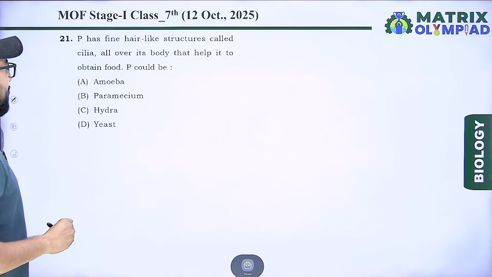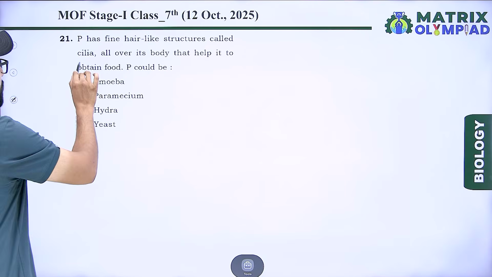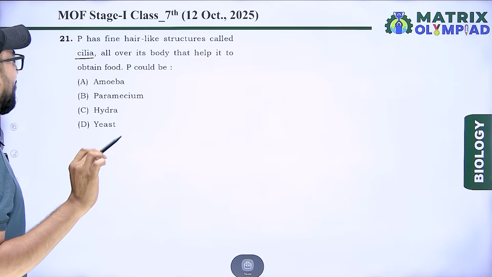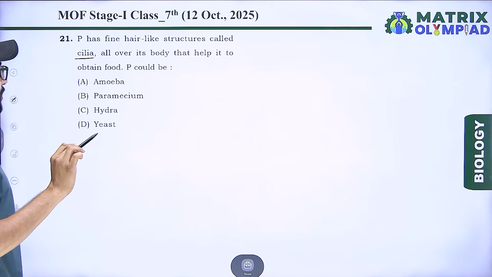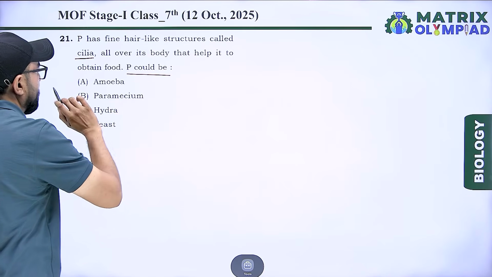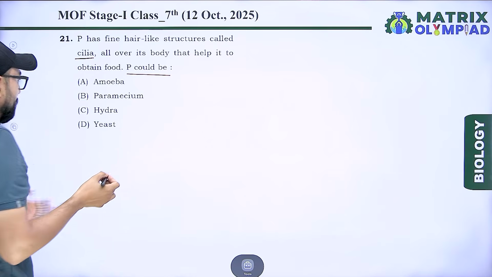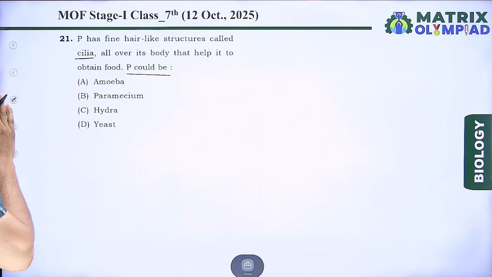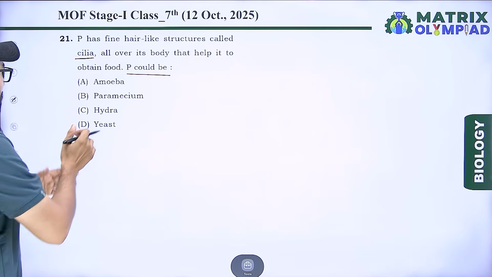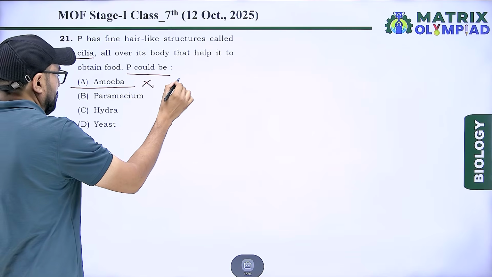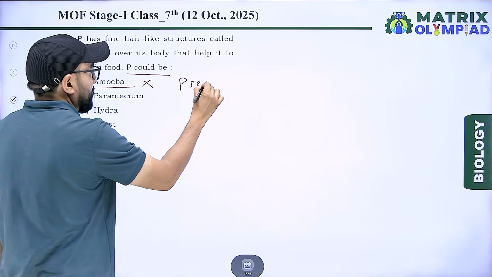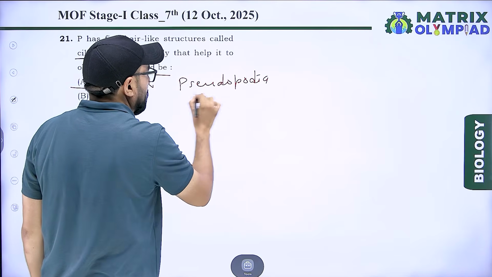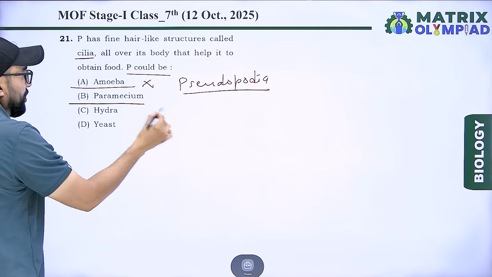P has fine hair-like structure called cilia all over its body that help it to obtain food. P could be, it means an organism that contains cilia all over its body. Amoeba, no, because it contains pseudopodia to engulf food. Next, paramecium.